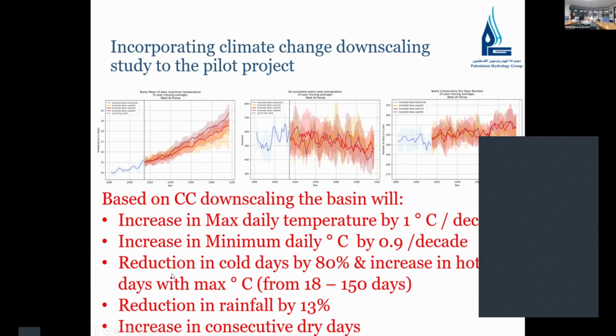With that, there is a reduction in cold days by 80% and an increase in hot days, with the number of days at maximum temperature rising from 18 to 50 days, as you can see here. The reduction in rainfall is expected to be 13%, and the increase in consecutive dry days is also expected, with a positive trend that will be more visible in this segment of the chart after 2060.